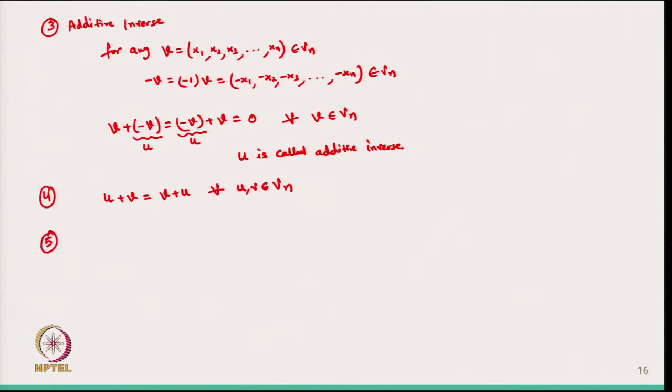Then the 5th property is the distributive property. I can show that for any alpha and any u and v, suppose u is x1, x2, x3, up to xn.